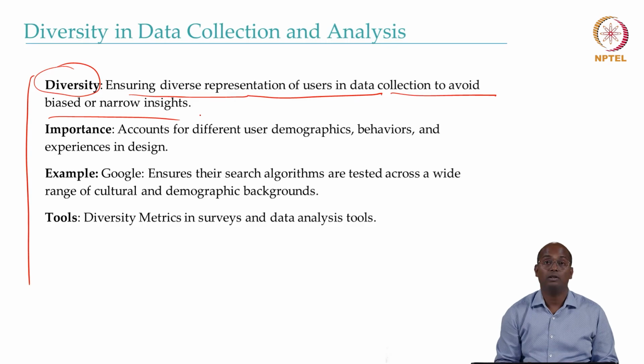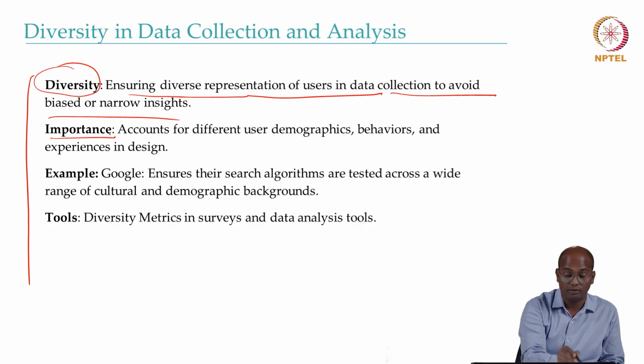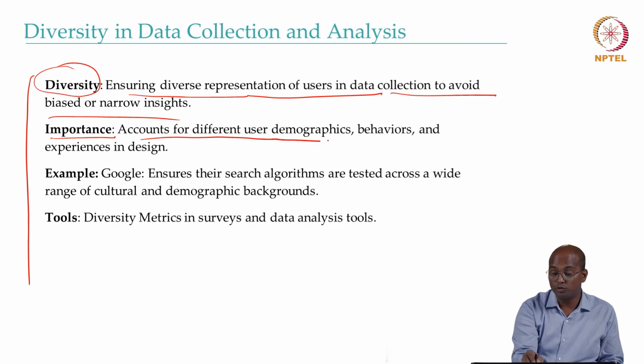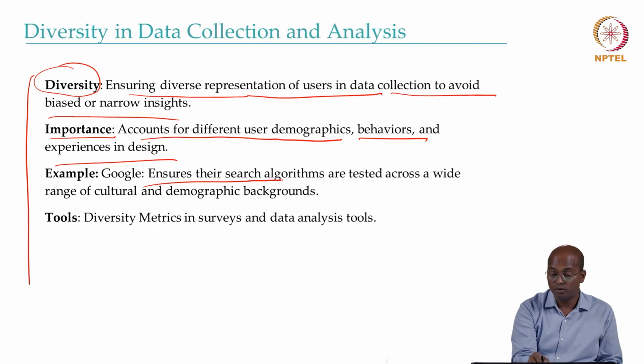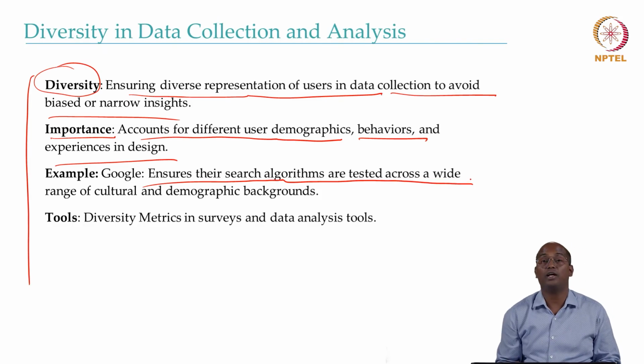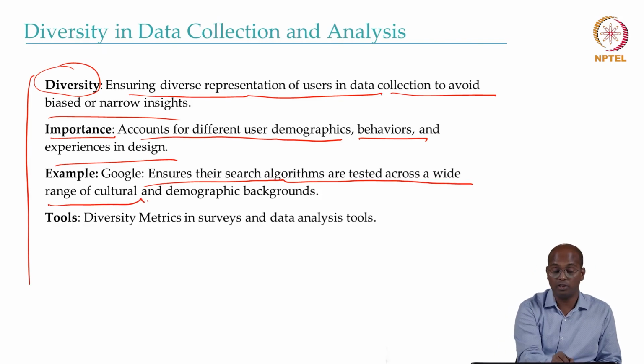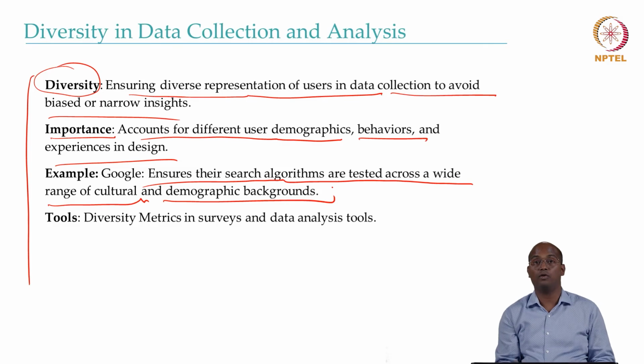Another next thing is importance: accounting for different user demographics, behavior, and experience in design. For example, Google ensures their search engines are tested across a wide range of cultures and demographic backgrounds. Because if it doesn't, it will probably start showing you results which are offensive or inaccurate based on your culture or demographic.